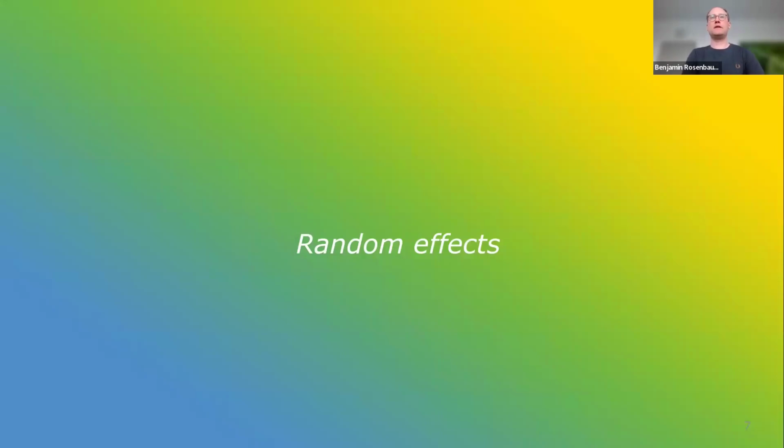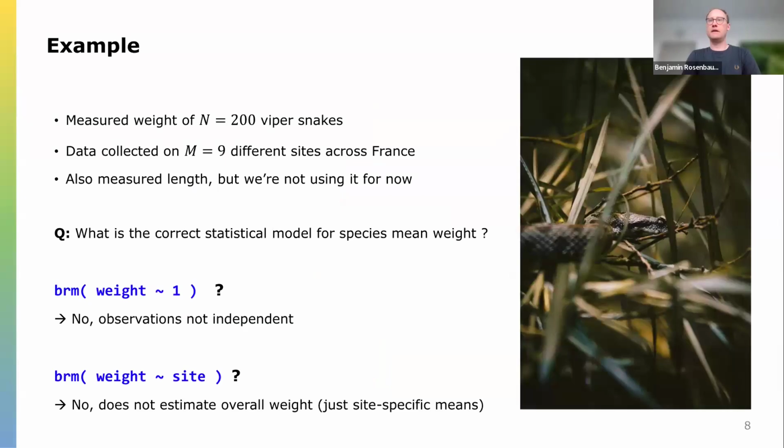So let's talk about what a random effect is, and we will use an example here. I have this from the Carey book about Bayesian statistics. We have some observations for a snake species. We measured the weight of 200 individuals.